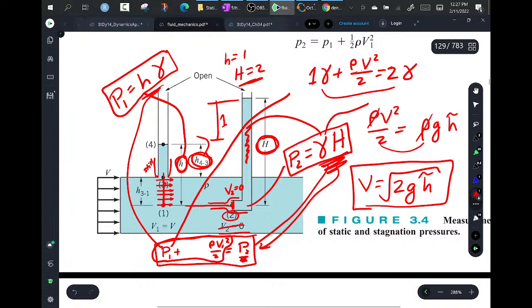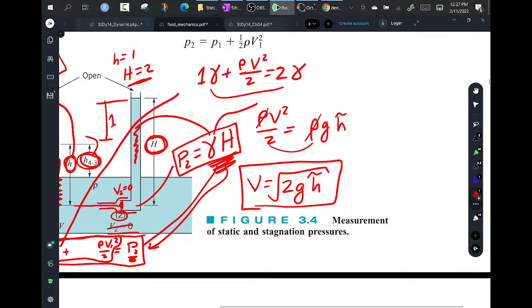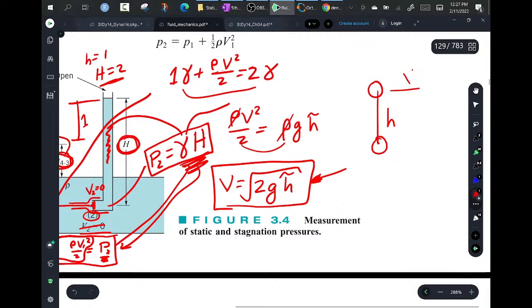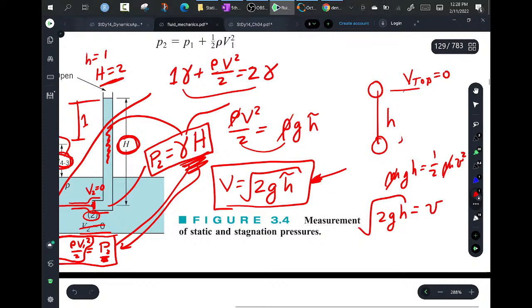to you because this is, again, this accentuates the point that Bernoulli's equation is an energy equation, meaning you look back, you drop a marble, you drop a height h, it started at rest, so v top is equal to 0, then you would do mgh is equal to 1/2 mv squared, cancel your m's, move your 2 over to gh, and that would be your velocity after it fell at some point.